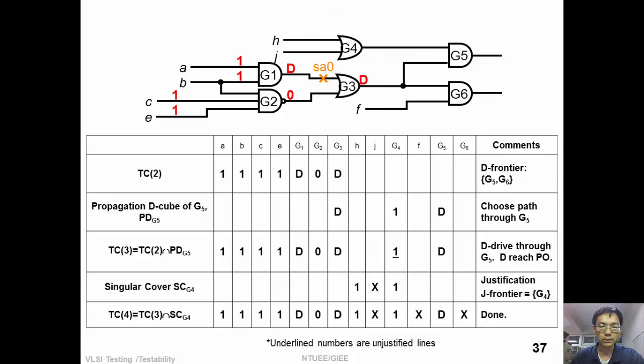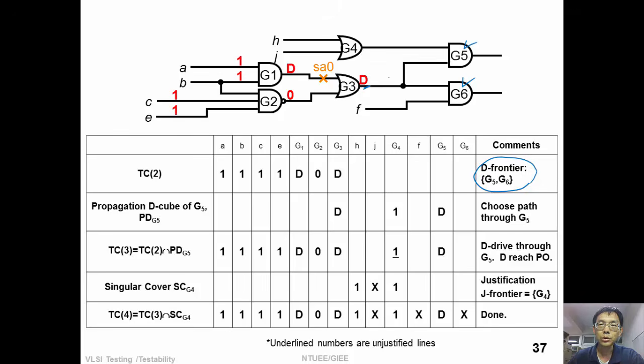Starting from the previous slide, now we have two D frontiers. One is G5, the other one is G6. They both have a D at the input and their outputs are still unknown. So we can choose either one of them to propagate the fault effect.